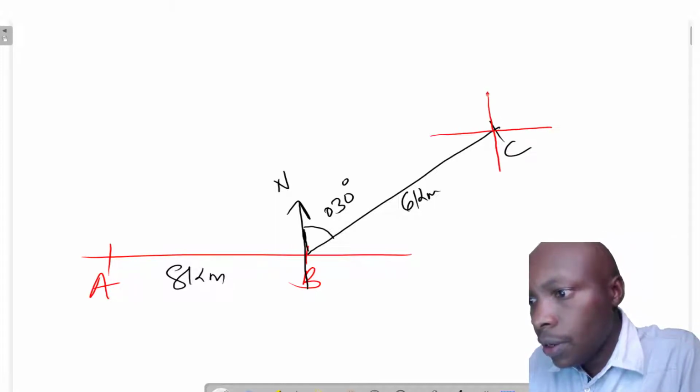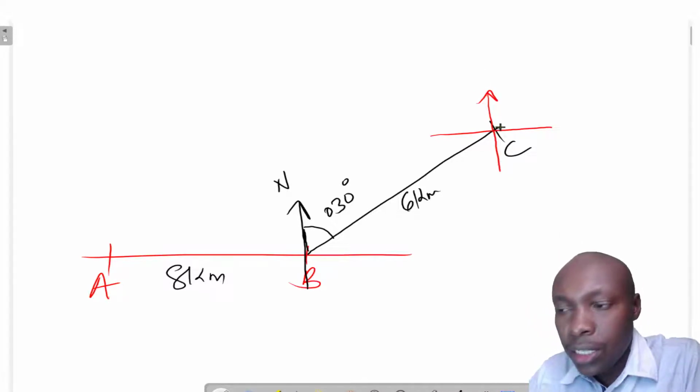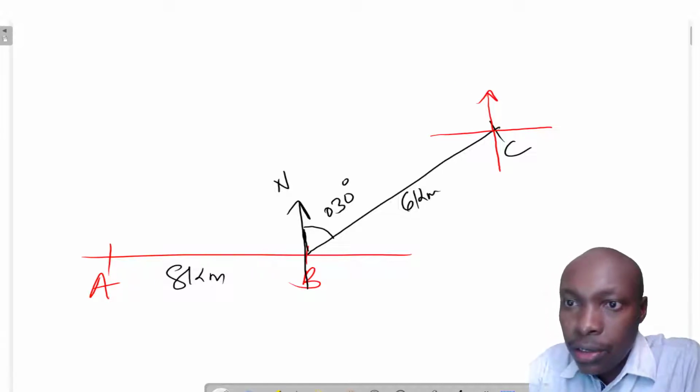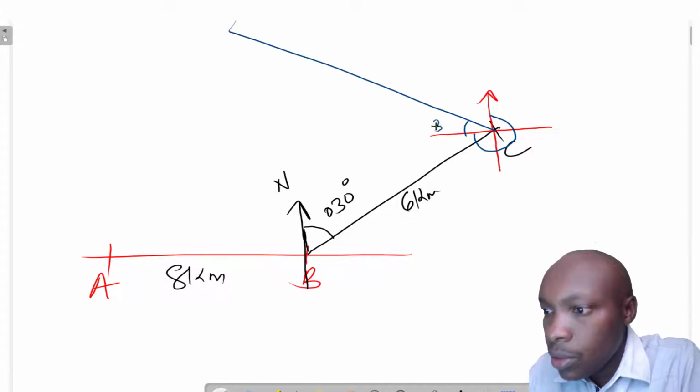Then D is 300 degrees from this point C. You measure 300 degrees from the north in a clockwise direction.